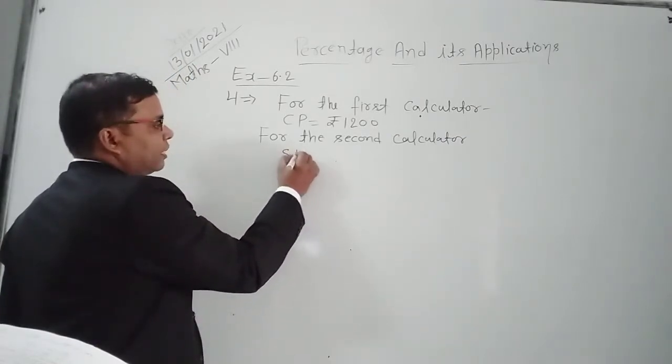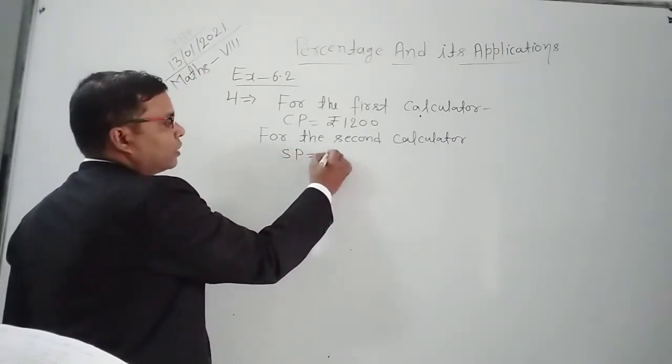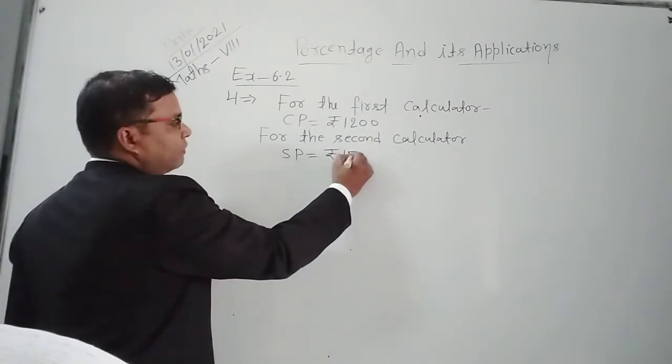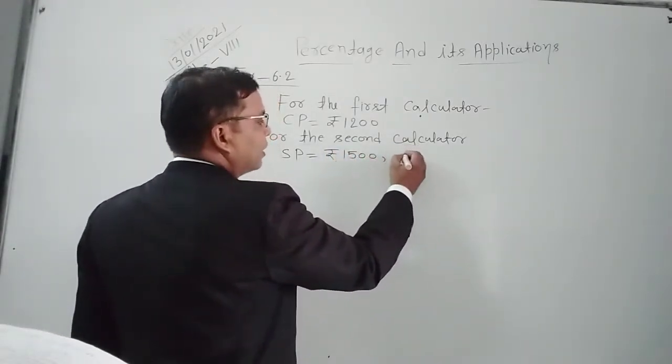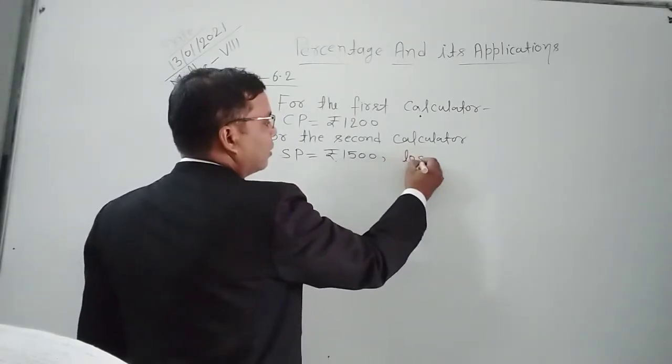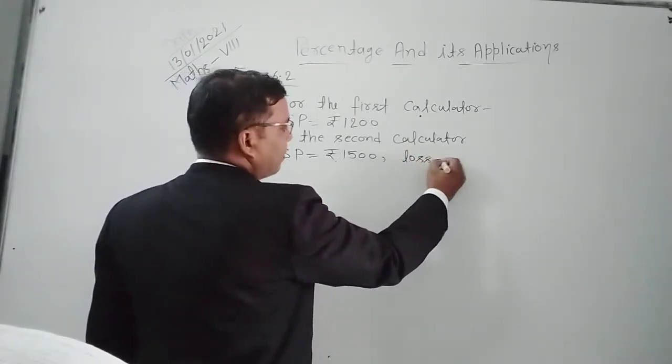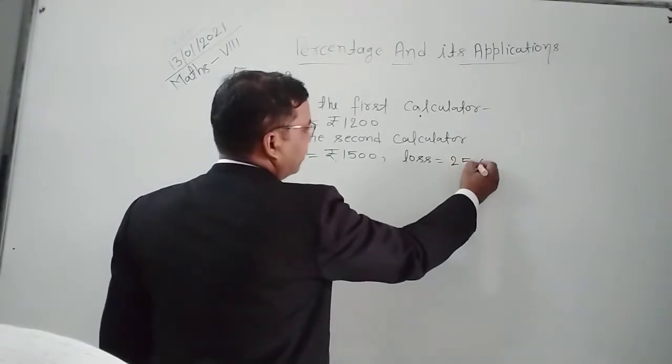For the second calculator, the selling price is 1,500 rupees, the same as on both calculators, but on this calculator they will have a loss. Loss percentage is equal to 25%.